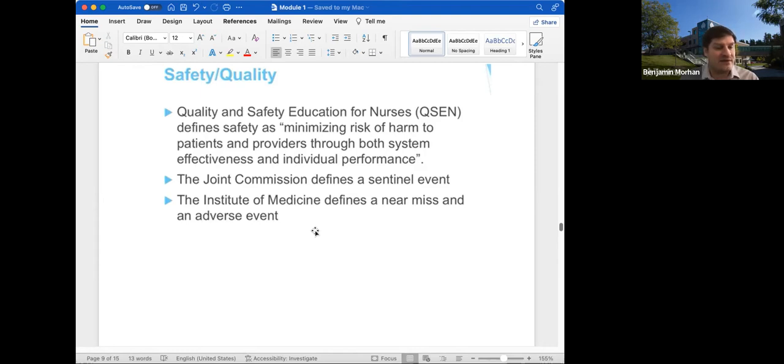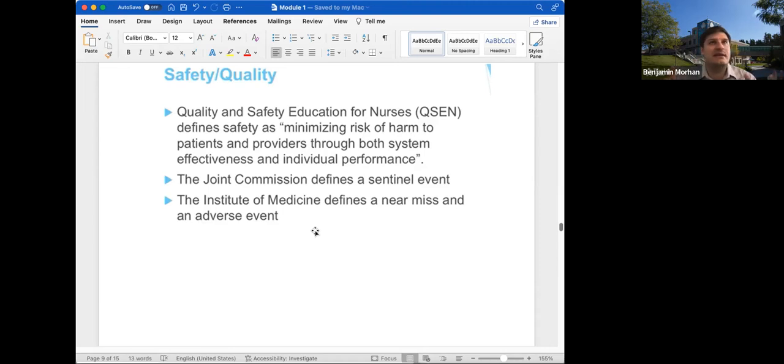However, an adverse event results in unintended harm, in an act of omission. And then you have mitigation, which results when a lethal dose was given, but the nurse caught it in time and gave an antidote, right?